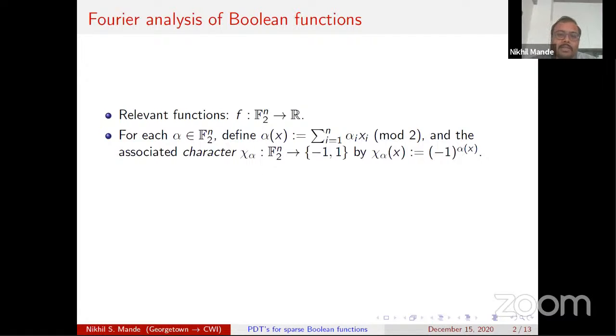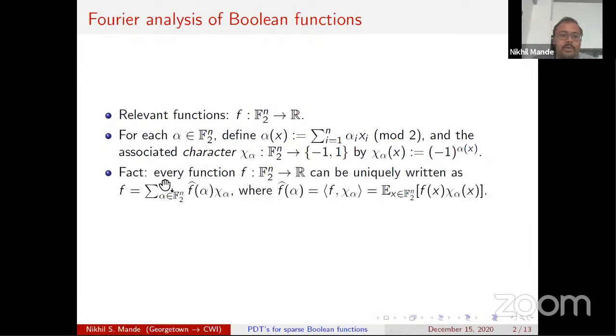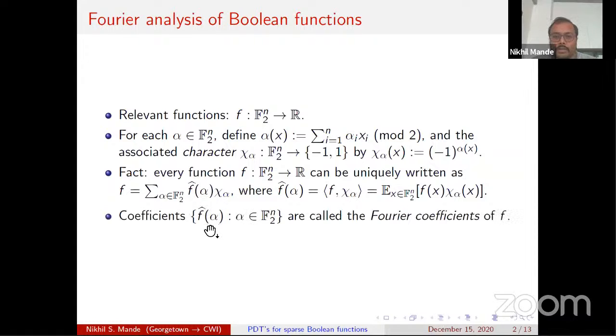If the number of ones is even, output 1, and if it's odd, output -1. So there are 2 to the n such functions. And it's a well-known fact that every function of this form has a unique representation as a linear combination of these parities. In this representation, the coefficients are called the Fourier coefficients, and this representation is called the Fourier expansion of f.